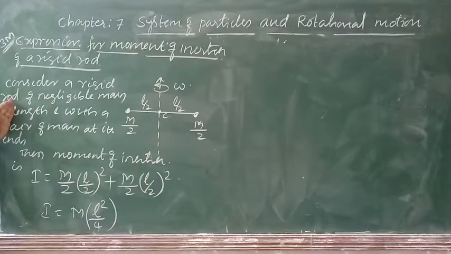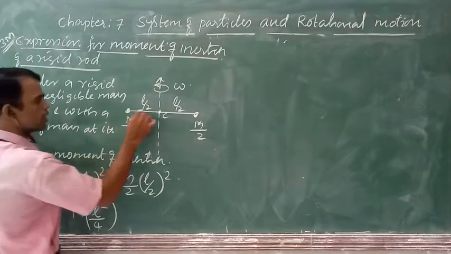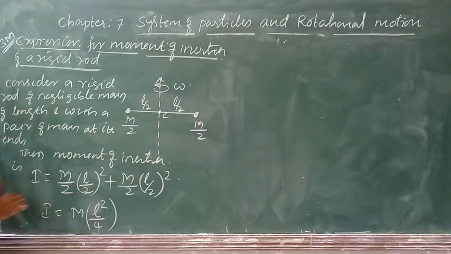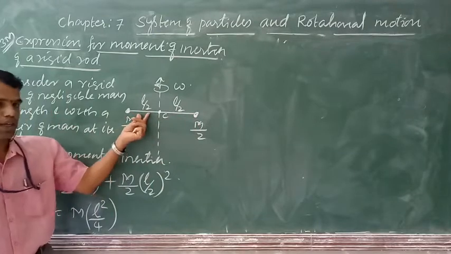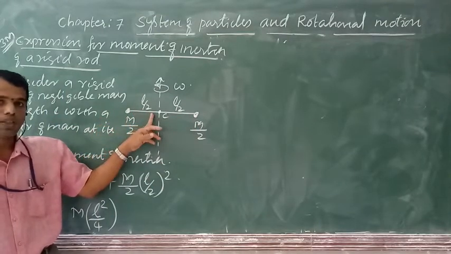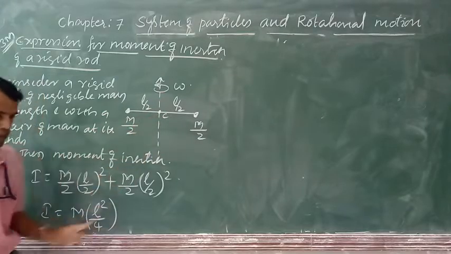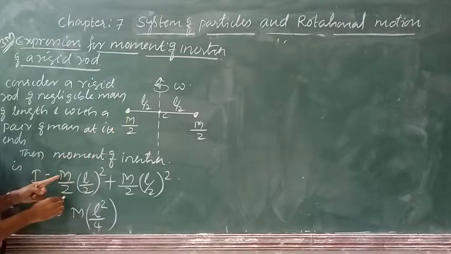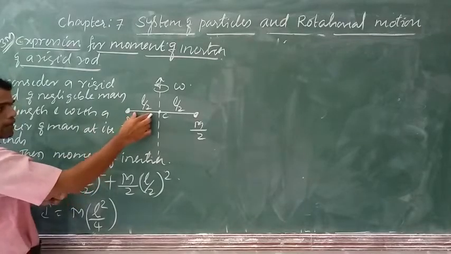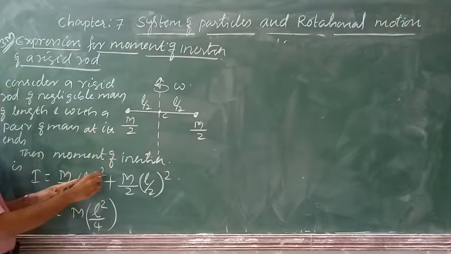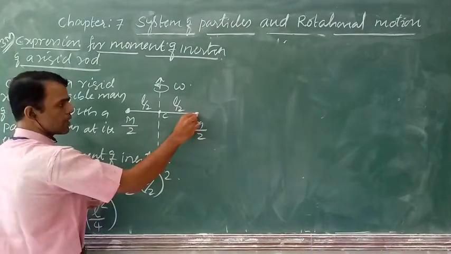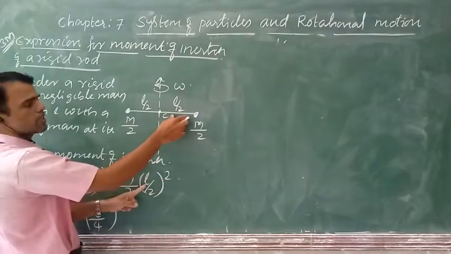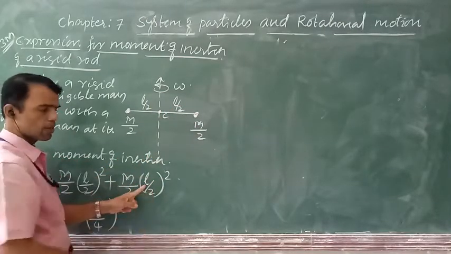Now we want to know the moment of inertia of this rigid rod with a pair of masses attached to its ends. Moment of inertia is the product of mass and the square of the distance from the axis of rotation. Therefore, I is equal to the mass at this end, m by 2, into the square of the distance, (L by 2) square, plus the mass attached at the other end of the rod, again m by 2, into the distance from the axis of rotation, (L by 2) square.